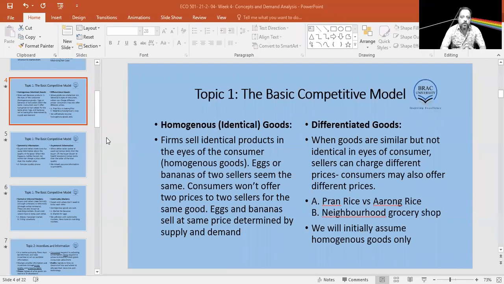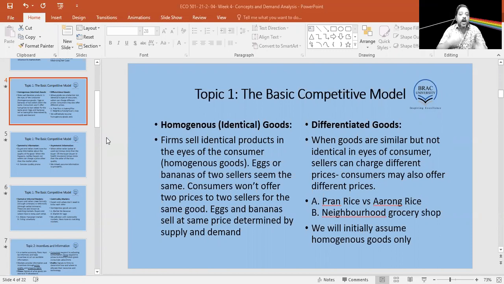Okay, a few basic assumptions have to be made in order to have what economists call perfect competition. First, all the goods that are transacted are homogeneous, i.e. they're identical. They're not homogeneous or identical in terms of atomic composition.